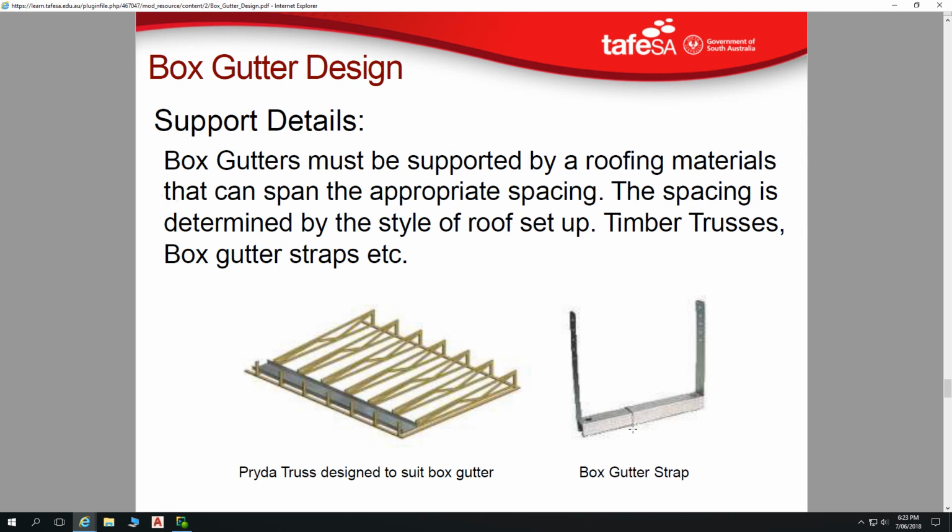That threaded rod goes through the equal angle, and then a nut on the base underneath that equal angle enables you to raise or lower it. And then your box gutter decking material sits on top of that. So that sort of hanger scenario enables fine adjustment of that box gutter throughout its run.